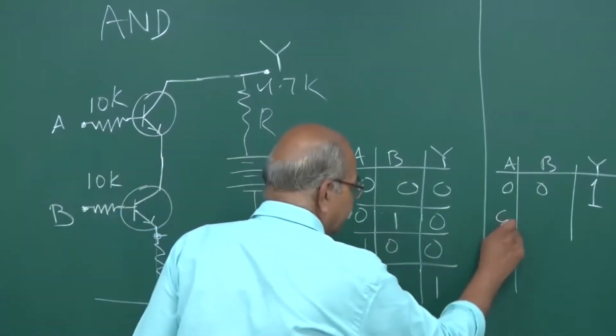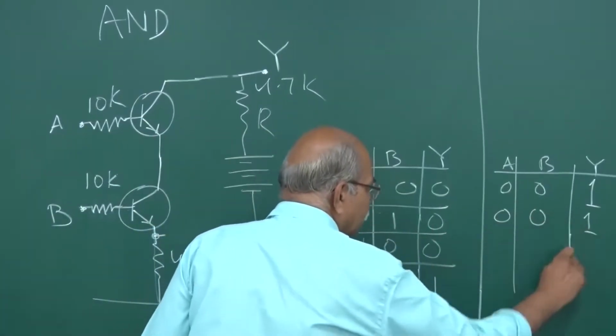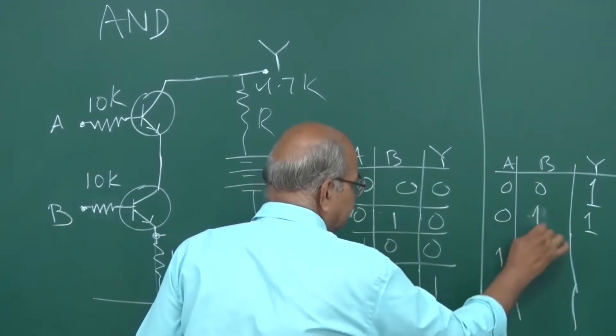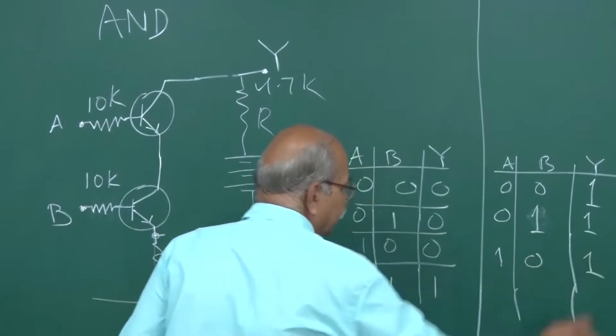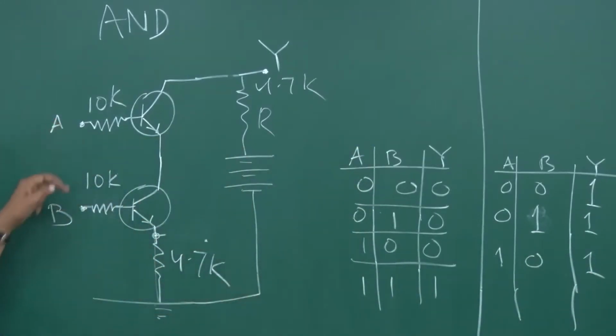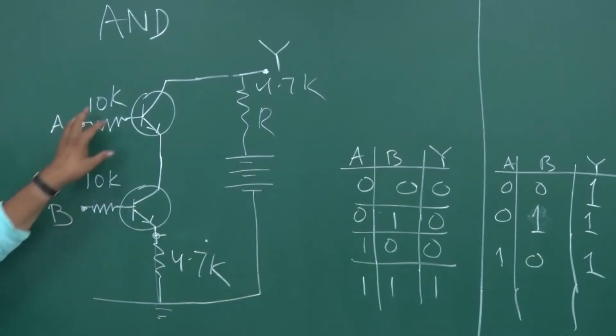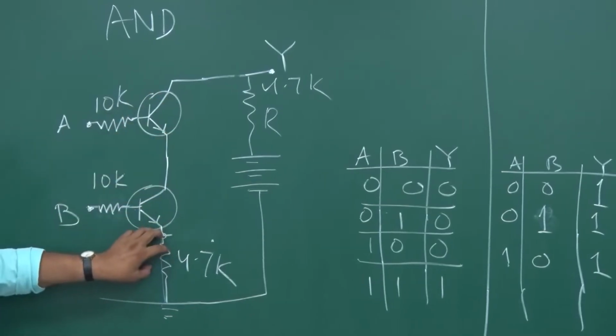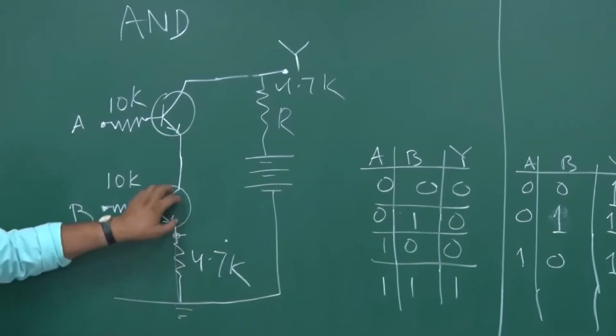So 0 1 also gives me 1, and similarly 1 0 will give me 1. And if both are 1, A is high voltage, B is high voltage, then both the transistors are in saturation mode, both can conduct current, and therefore you do have a current.